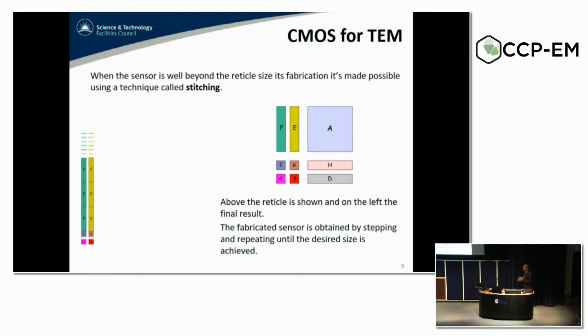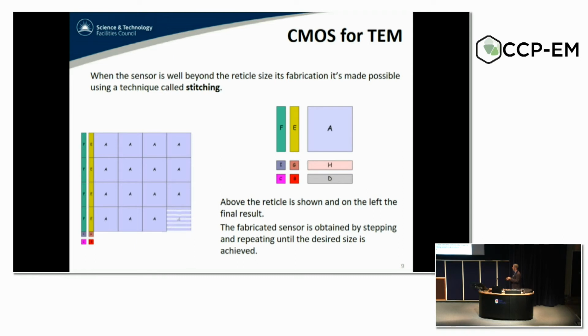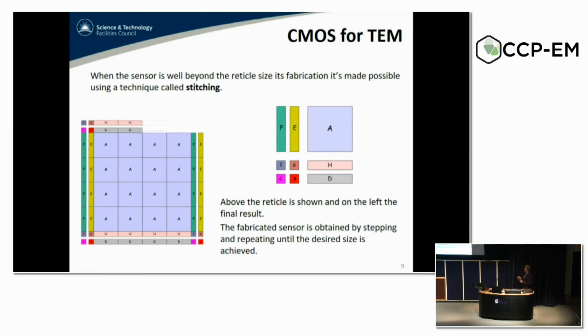During the wafer fabrication, you step and repeat part of these masks, like the animation is trying to suggest. So this area here, in this specific case, is let's say 1K by 1K pixels. You repeat it in a 4x4 array, and you have your 16 million pixel sensor.